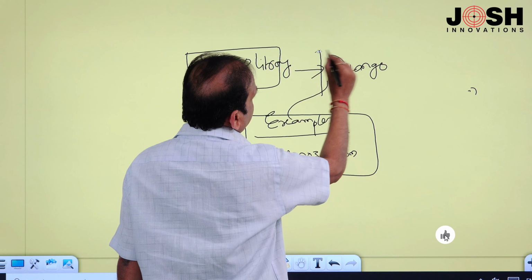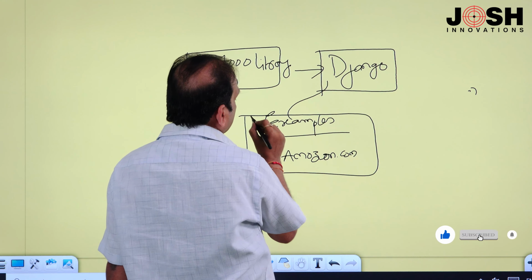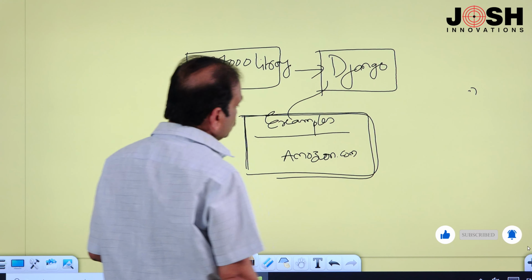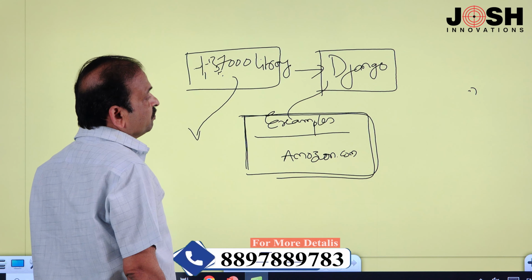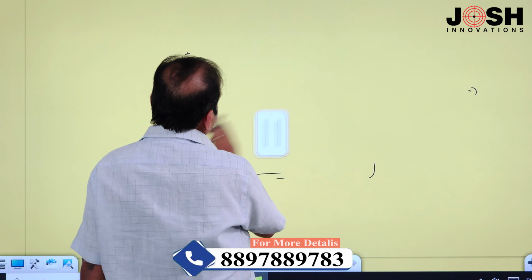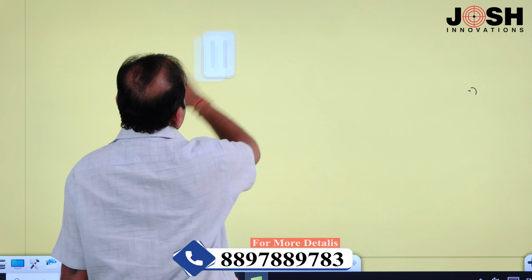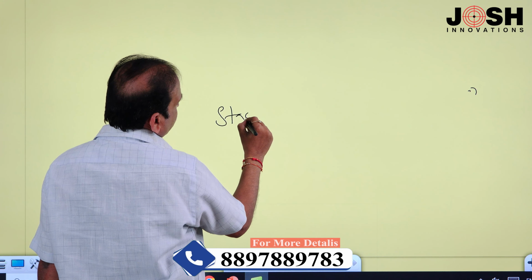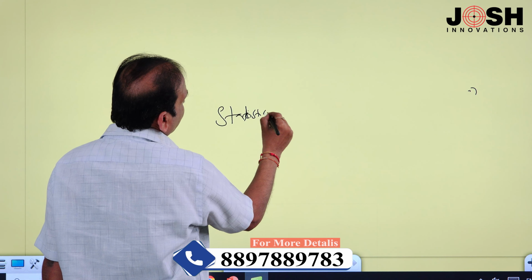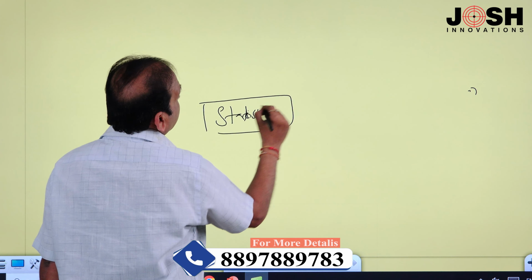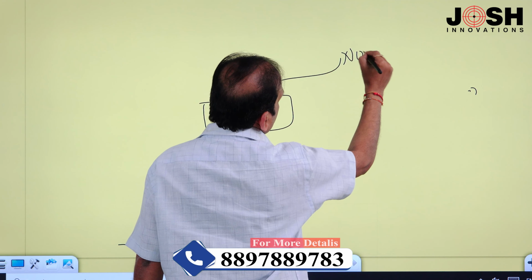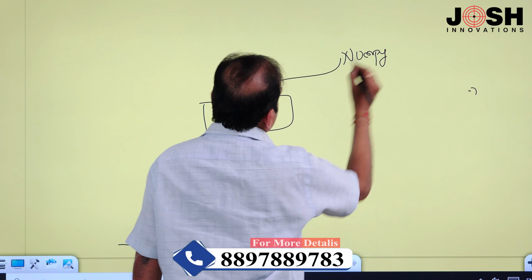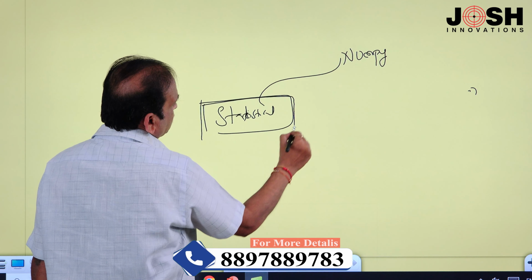Using this library, this module, we can build websites very easily. Suppose I want to do some statistical functions, some project on statistics. We have the NumPy module, and using NumPy we can do statistical functions.